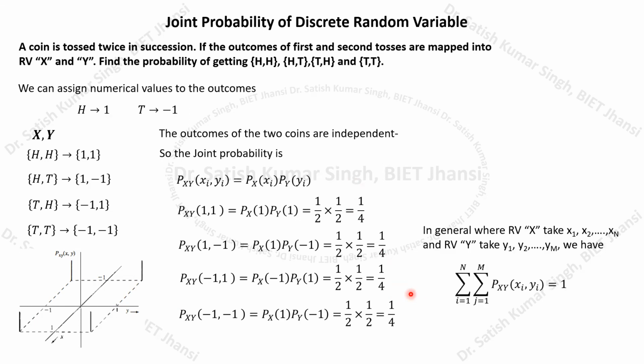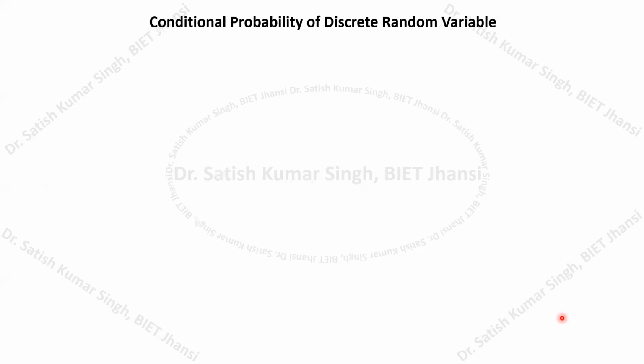So in general, if we take a random variable x taking the values from x1 to xn, and any other random variable y taking the values from y1 to ym, then if we define its joint probability, the summation of all these probabilities is going to be equal to 1. This way we can define the joint probability for discrete random variables.